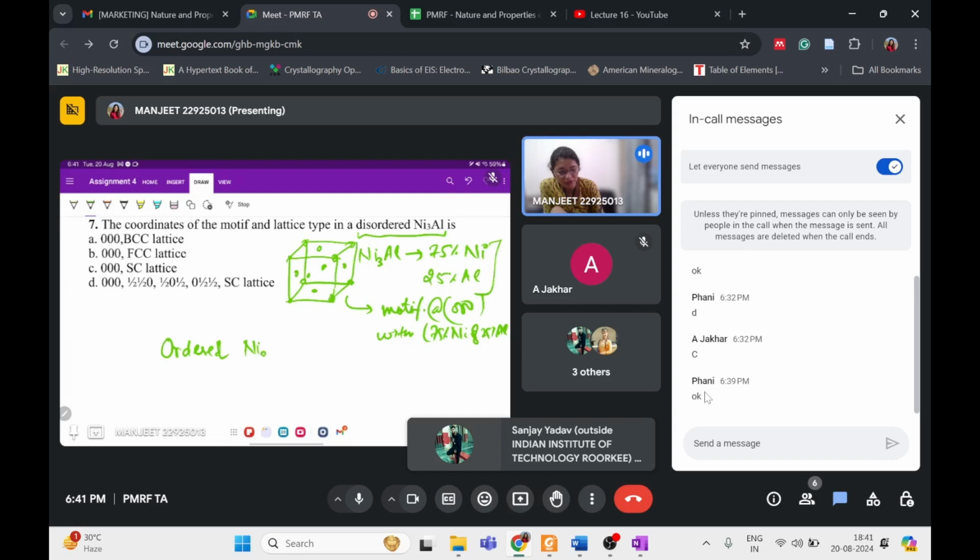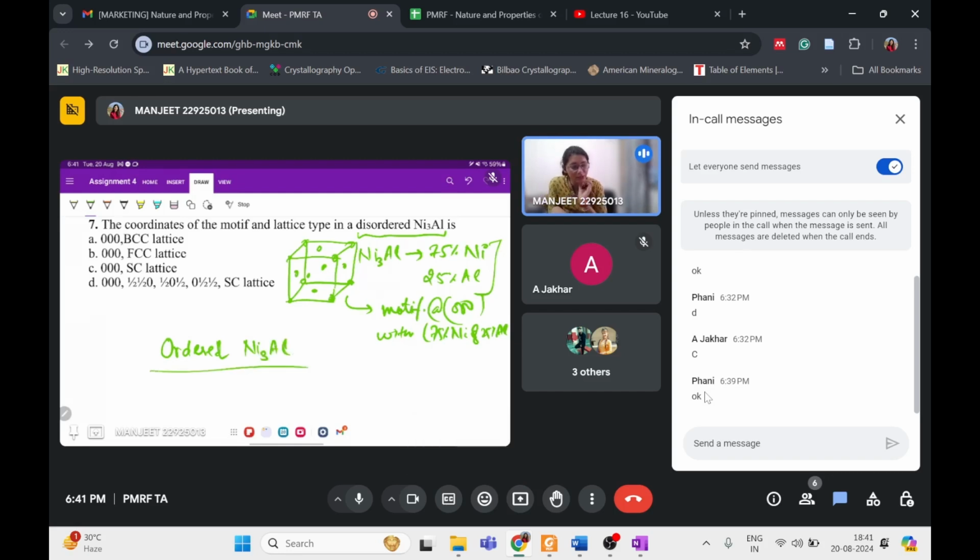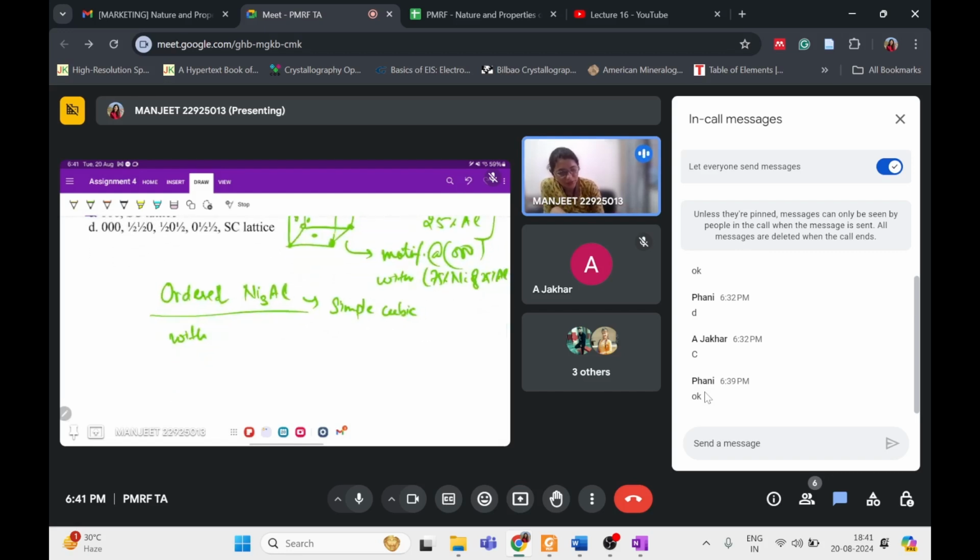The ordered one is nickel 3 aluminum. So this is the simple cubic one, having the motif such that nickel is at the FCC positions and aluminum is at the corner of the cube. For this one, nickel will be at the face centers and aluminum will be at the corner of the cube.